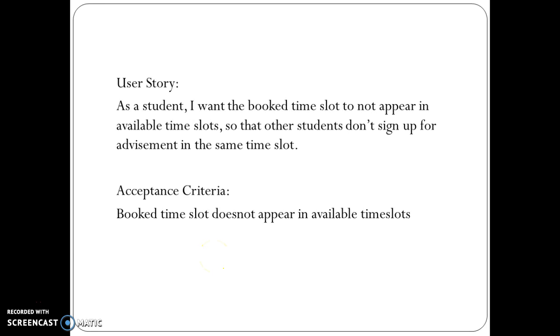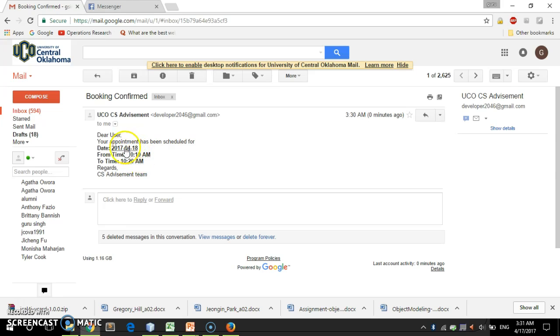As a student, I want the booked time slot to not appear in the available time slots so that other students don't sign up for advisement in the same time slot. The acceptance criteria: the booked time slot does not appear in the available time slots. So 2017 4/18, 10:10 to 10:20 should not appear in the time slots.